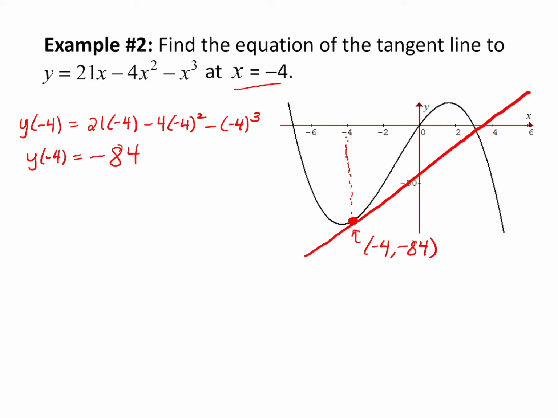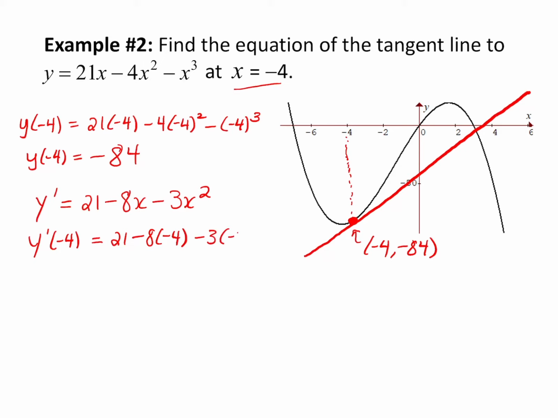So we can start by finding the m. The m is going to be the value of the derivative at our x value of -4. So we need to find the derivative. The derivative is going to be 21 minus 8x minus 3x squared. Substituting in -4 for x, we'll have 21 minus 8 times -4 minus 3 times -4 squared.